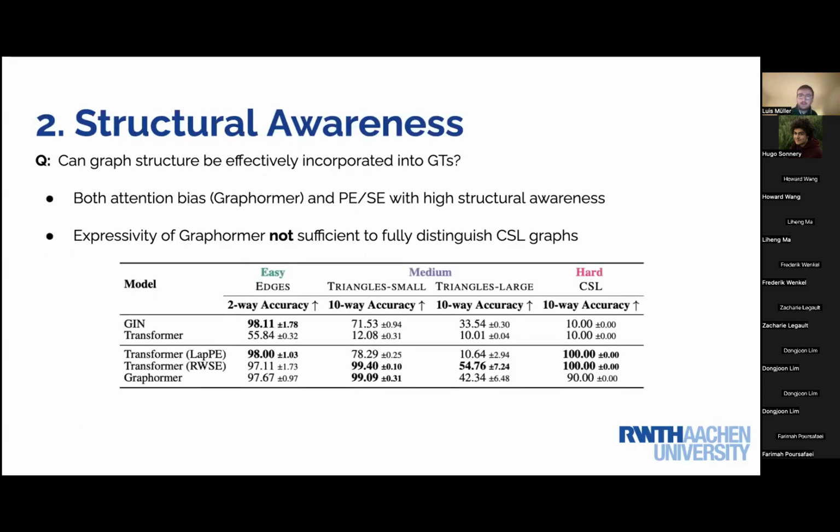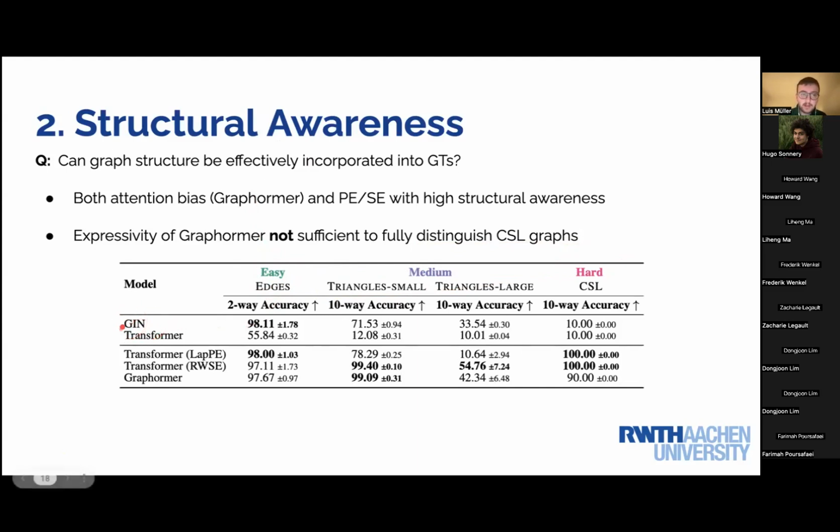Next up, we try to figure out whether graph transformers are structurally aware, as we call it, so whether they can recover certain types of structures. What we did for this is we designed 3 tasks from easy to hard, and this difficulty is determined by the performance of an existing GNN.